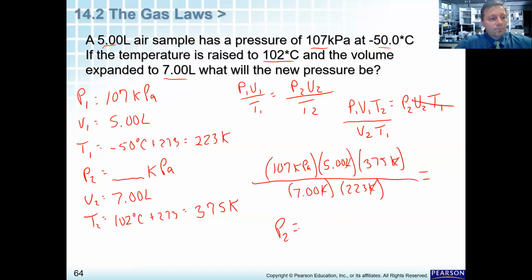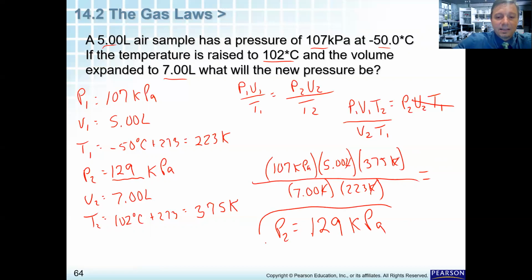So my answer comes out to 128.5. So that means it should be 129 kilopascals. So my pressure went up slightly. So it went up to 129 kilopascals. And I'm in my 3 significant figures. So those are 2 example problems.